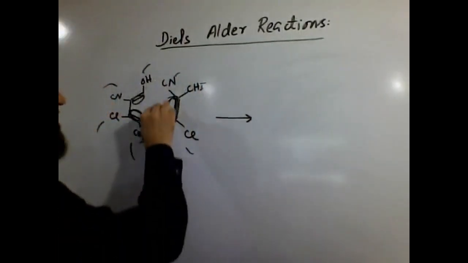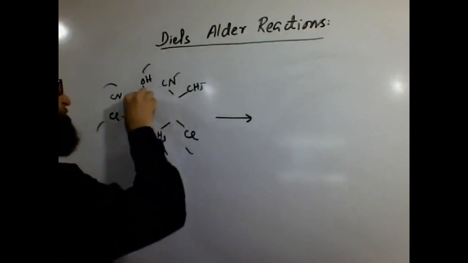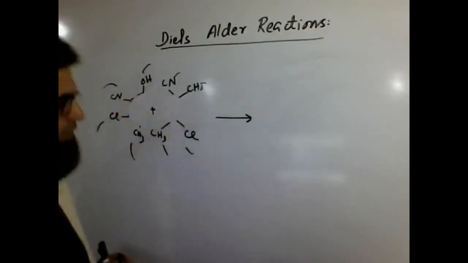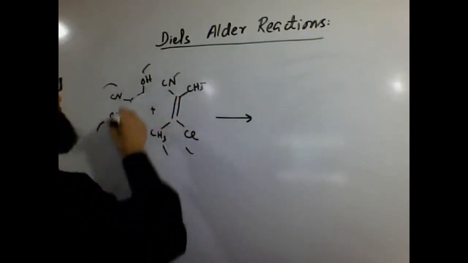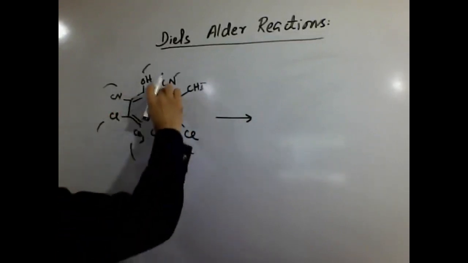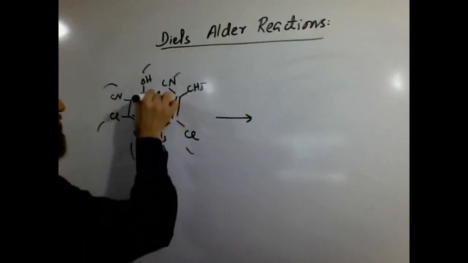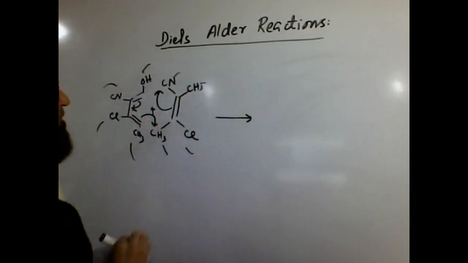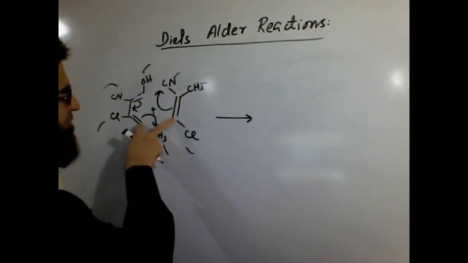Let me rewrite it in a more convenient way so you can imagine the reaction. It's a double bond here. Here we have this sort of. So what has to happen? As I've told you, this double bond has to move here. This has to move here. This has to move here. So here it has to react with this carbon, not this one.